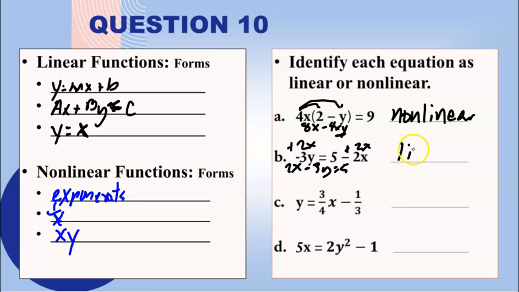So this one would be linear. Next one, I have y equals mx plus b, so this one is linear. And the last one, it is simplified, and I see an exponent here, which tells me this one is nonlinear.